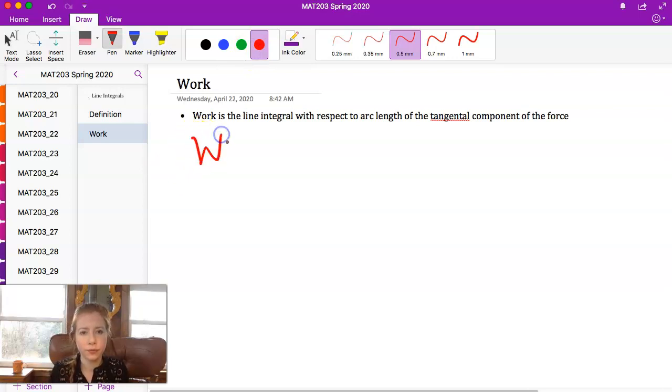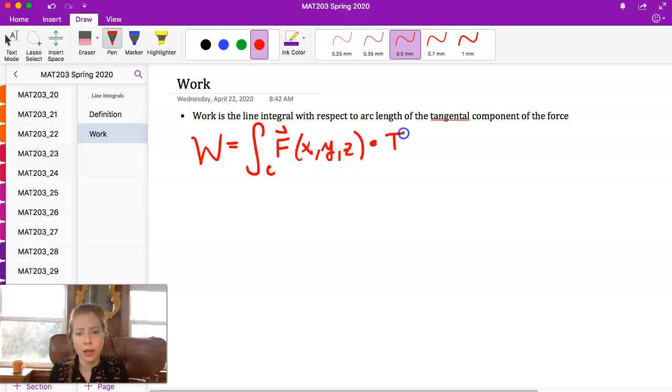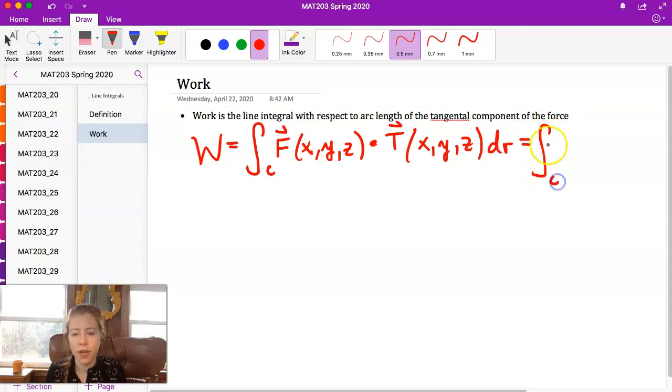Work is going to be the line integral of our field, which is a function of space, x, y, and z, dotted with our unit tangent as a function of space, dr, which can be rewritten as the line integral of the field dotted with T dr. And remember, this dr is position.